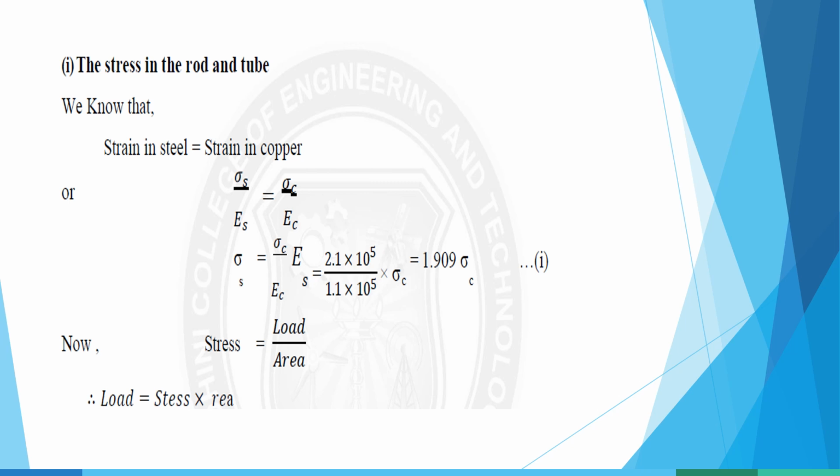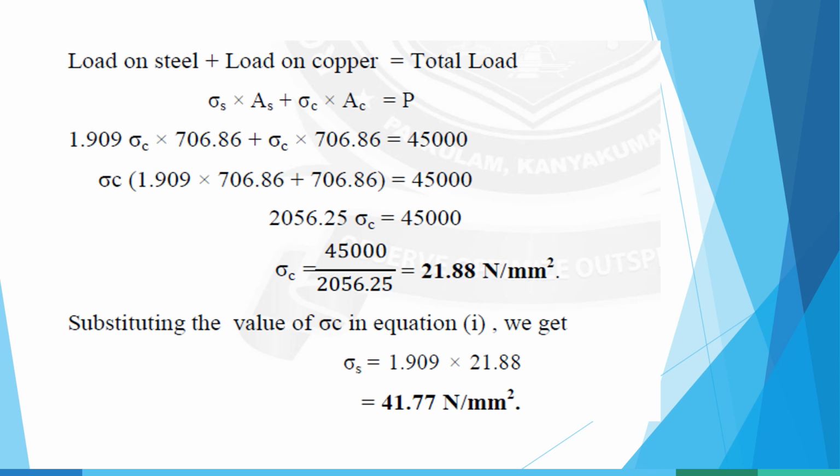Then stress is equal to load by area. Therefore, load is equal to stress into area. Load on steel plus load on copper is equal to total load. Sigma S into AS plus sigma C into AC is equal to total load. So 1.909 sigma C into 706.86 plus sigma C into 706.86 is equal to 45,000.